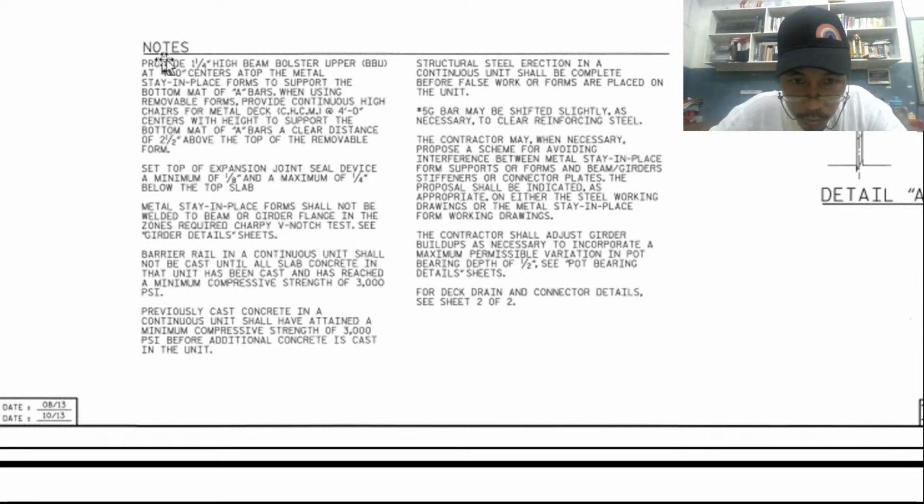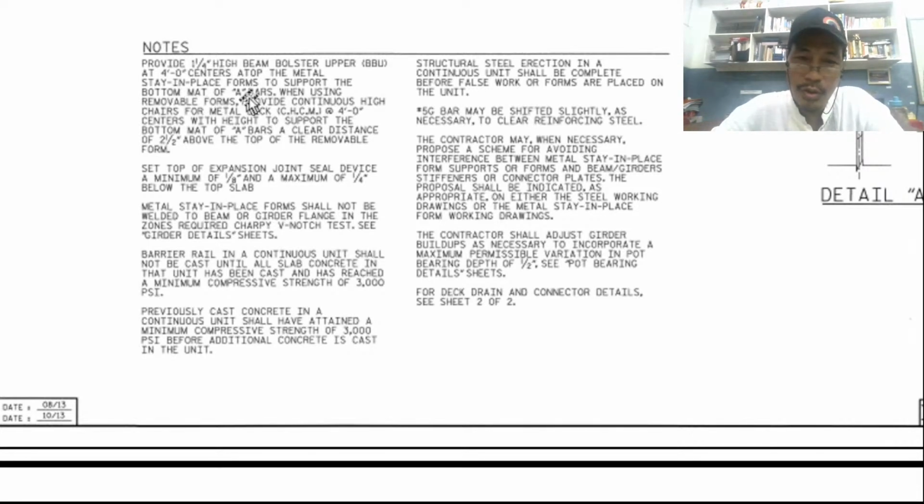Notes: provide 1 1/4 inch high beam bolster upper. That is BBU. B meaning beam, another B bolster, U upper. At 4 feet 0 inches centers at top of the metal stay in place forms to support the bottom mat of A bars.